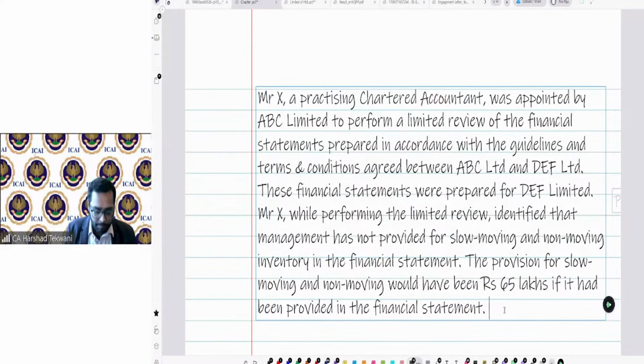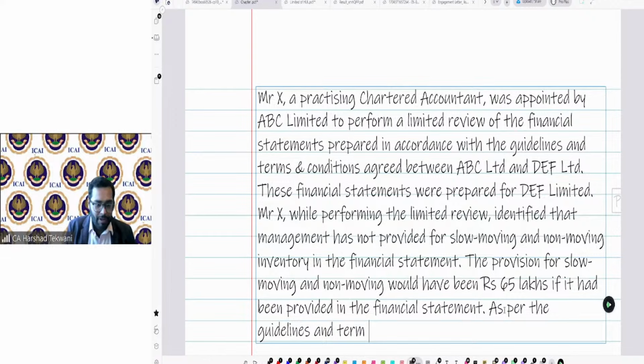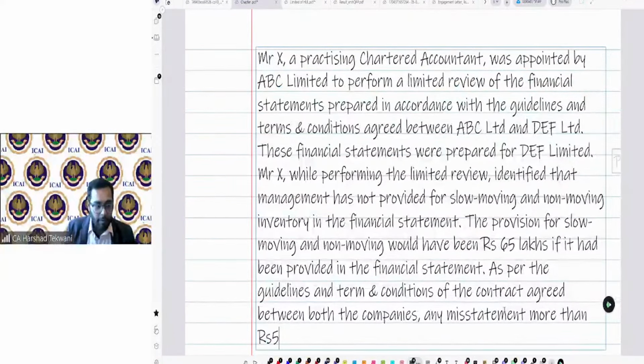Now, as per the guidelines and terms and conditions of the contract agreed between both the companies, any misstatement more than rupees 5 lakhs is required to be considered material.